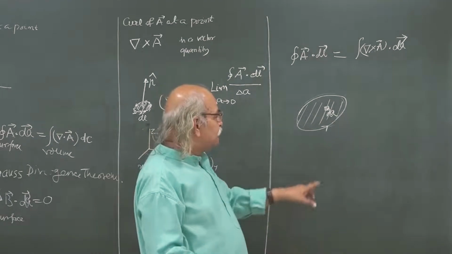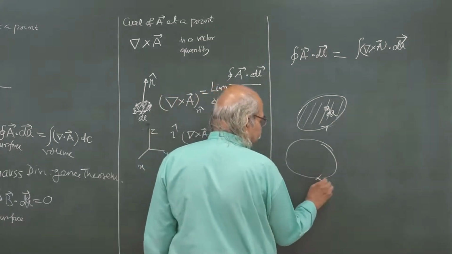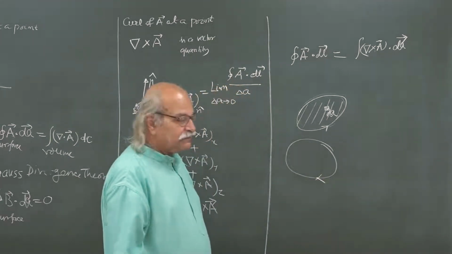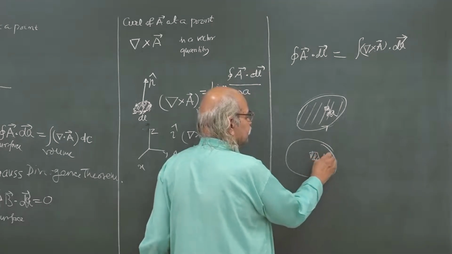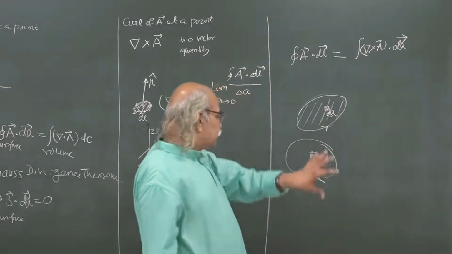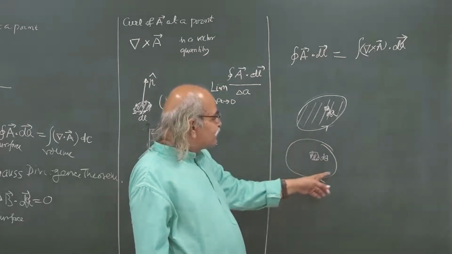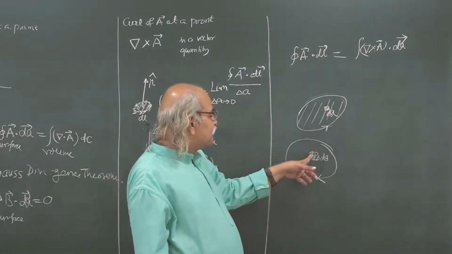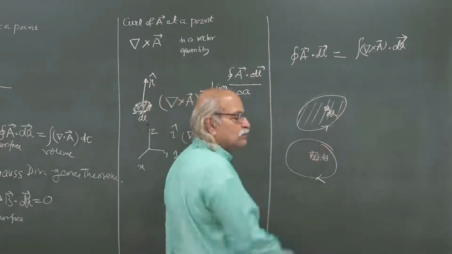If initially I take this area and put the arrow the other way, I can do that, no problem, but then if I construct this dA vector, I have to see from here and I find that it is going in the clockwise direction. So, the direction of the area vector will be going behind the board, into the board.